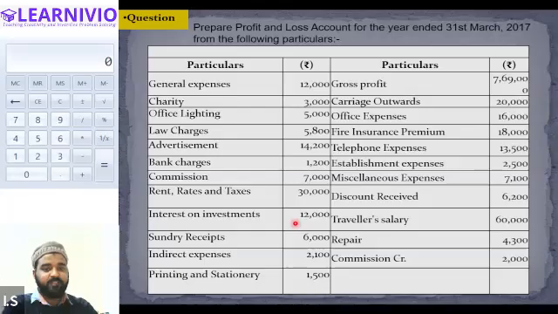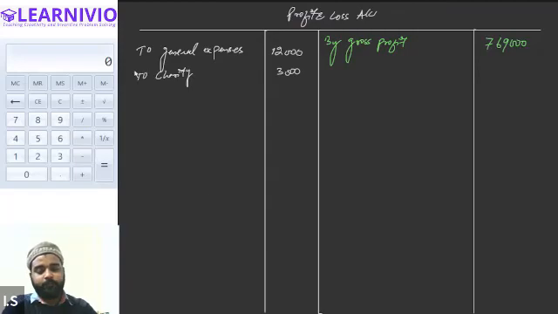Then we have office lighting. This is related to office and administration. 5,000 to office lighting, on the debit side.